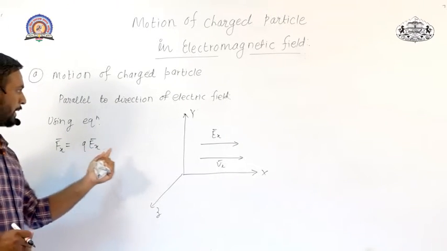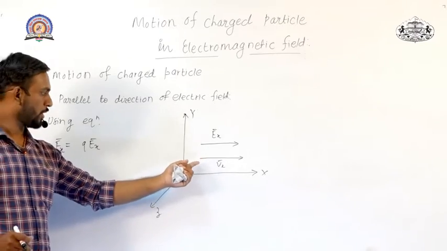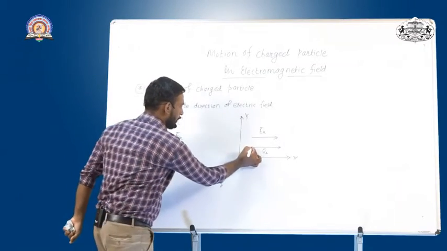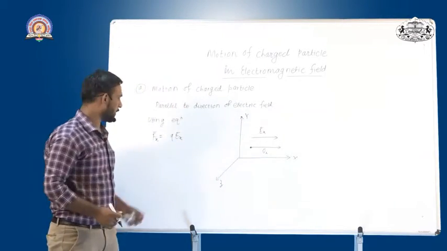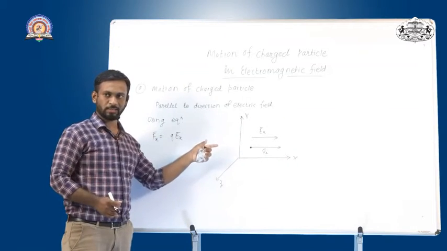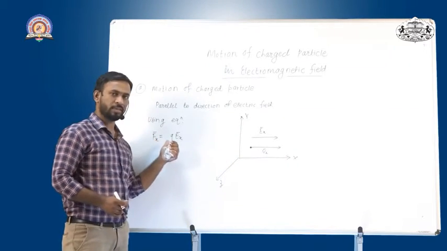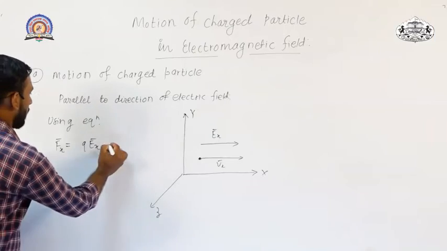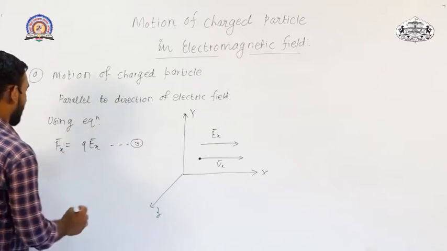Because the electric field is applied in the x direction, so the charged particle moving along the x direction experiences the force along that direction. This is equation number 3.